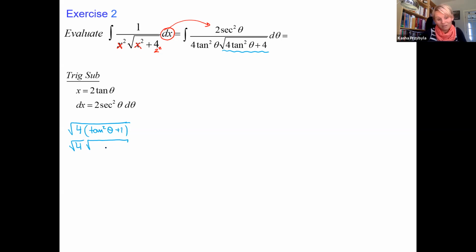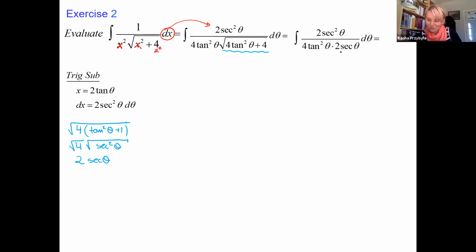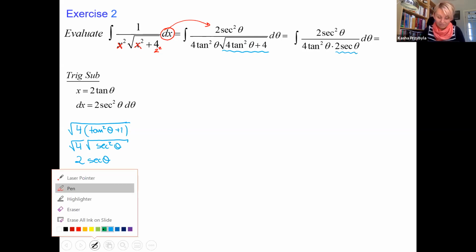Who can tell me the trigonometric identity? Secant squared, thank you. Then this is 2 and this is secant, so I have 2 secant theta. You can do that on the side so we don't carry the entire formula. Can we simplify something?